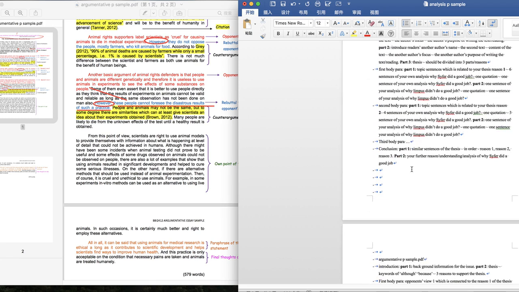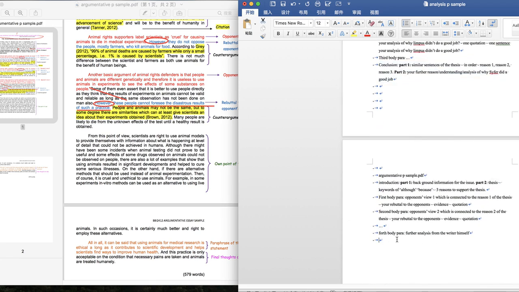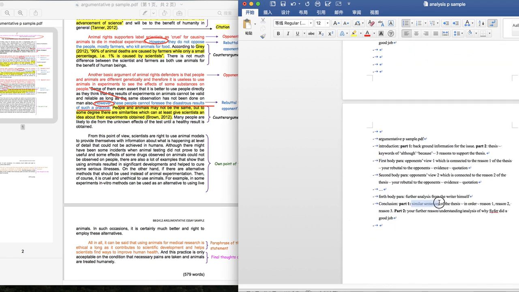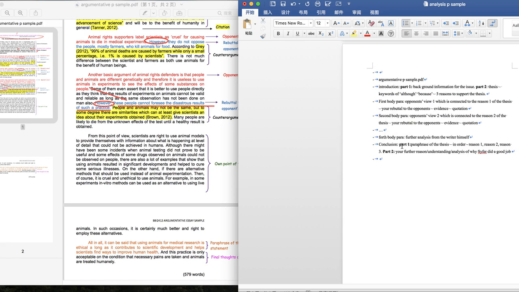And the conclusion is actually the same, but it says paraphrase of the thesis in order. Reason 1, 2, 3, and for further understanding, your final words of the issue.